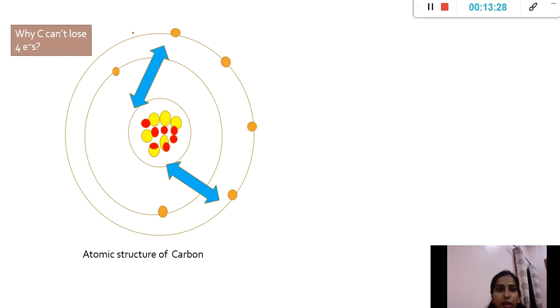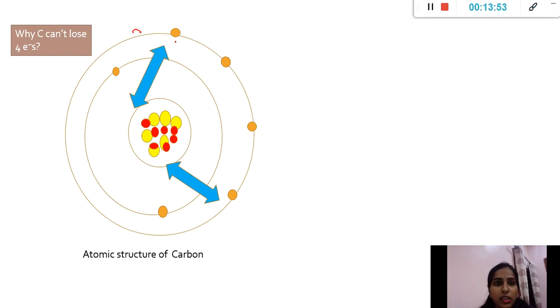Although the carbon atom can't accept 4 electrons, then in order to attain noble gas configuration, it will try to lose 4 electrons. But in the case of carbon, losing 4 electrons is also not possible. Why?